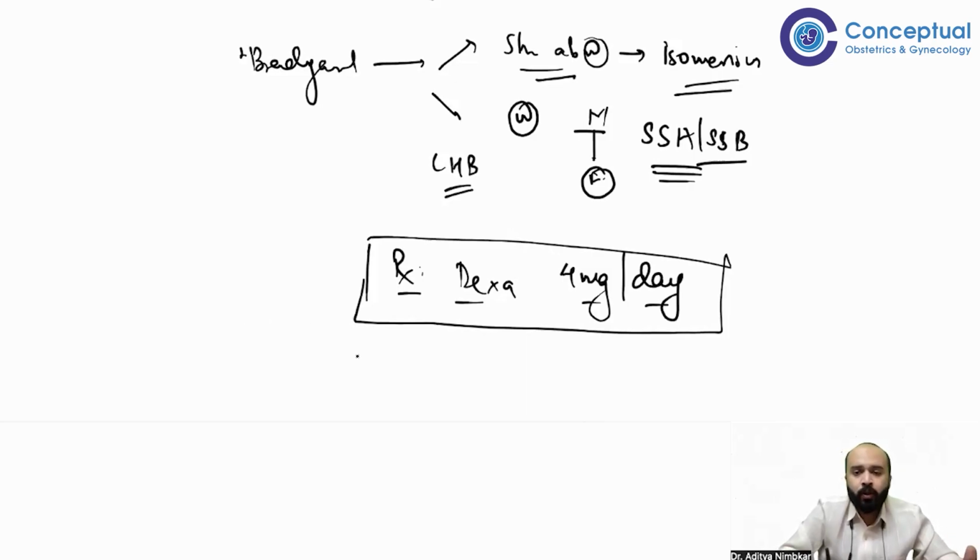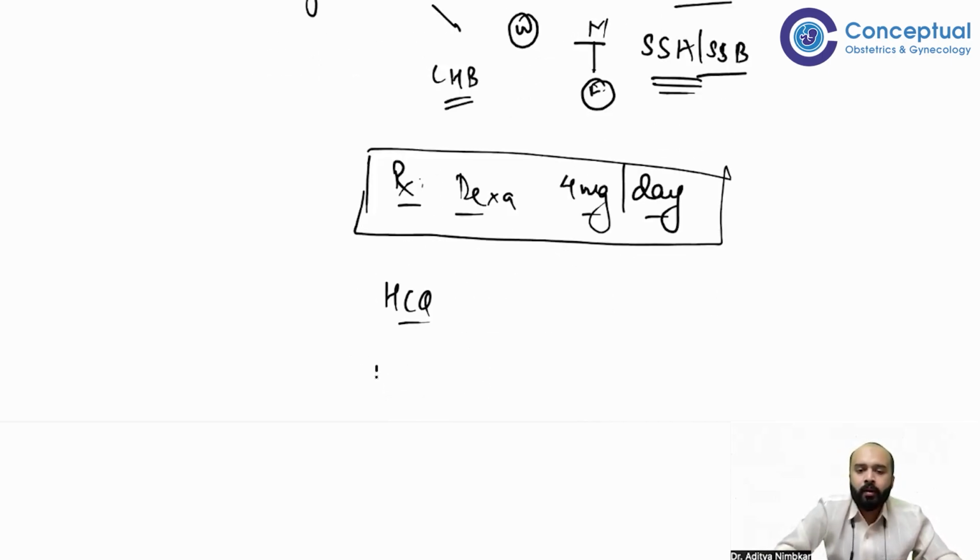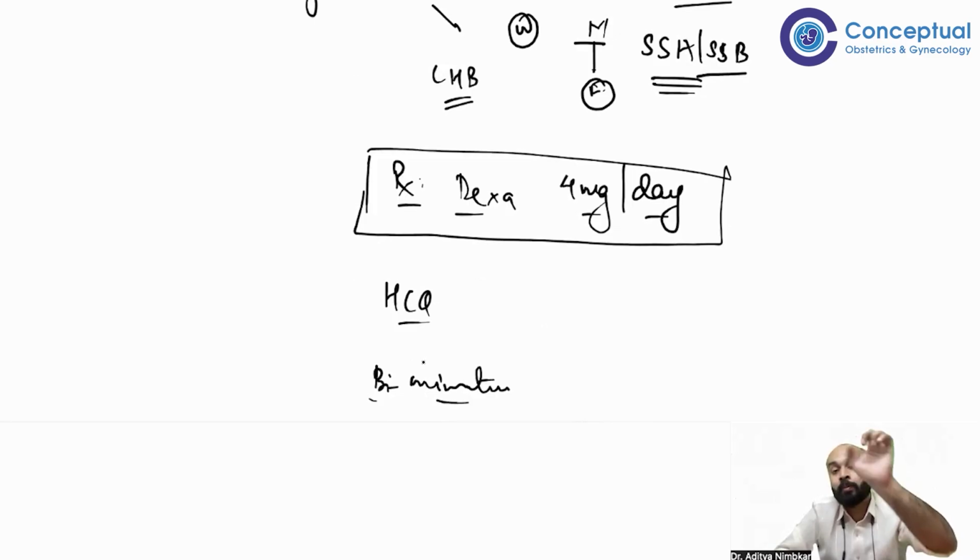The next option that you have for SLE is HCQ, that is hydroxychloroquine. And lastly, if nothing is working, then you have to give the mother a high dose beta mimetic. Earlier we had a beta blocker for tachyarrhythmia. Here we are giving a beta mimetic, that is a beta agonist.